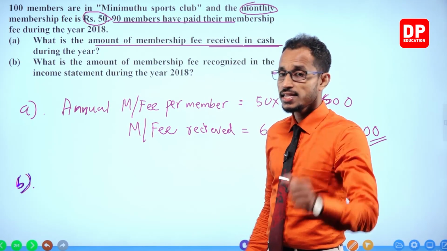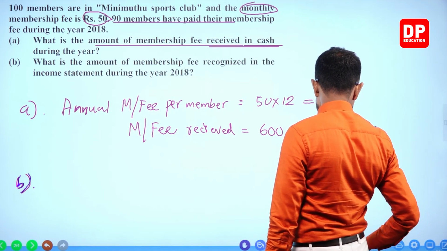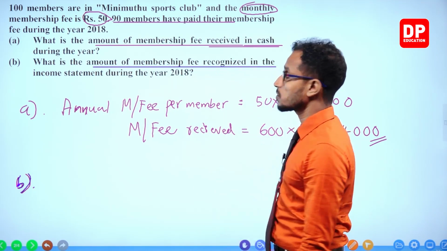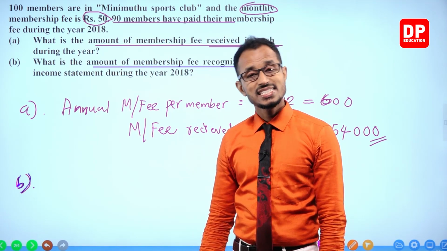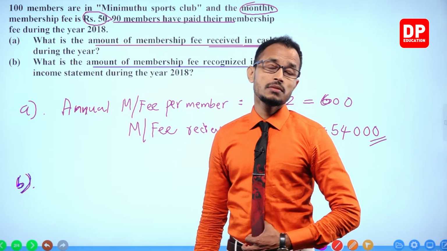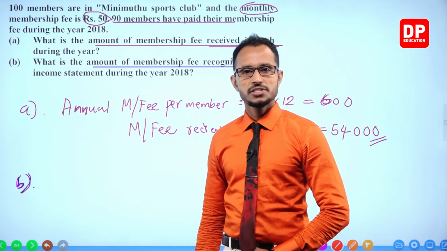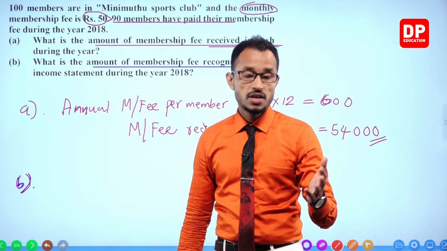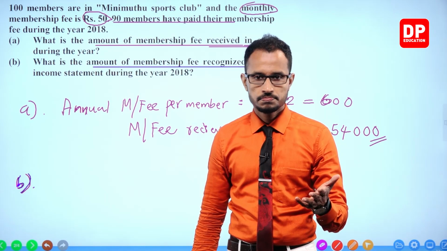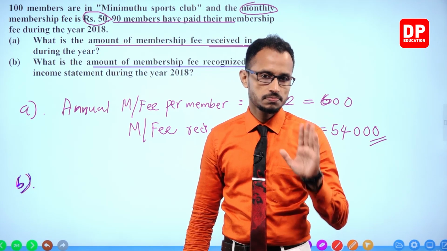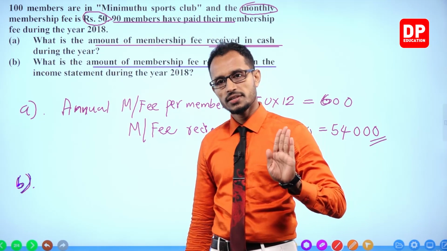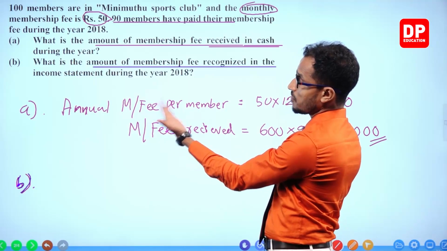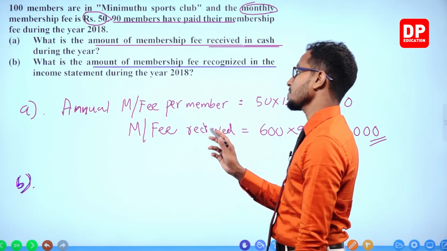Guys, you know that income statement means the profit or loss statement of a non-profit, not-for-profit organization. We don't say profit or loss statement, we say income statement in not-for-profit organizations. That you know, right?